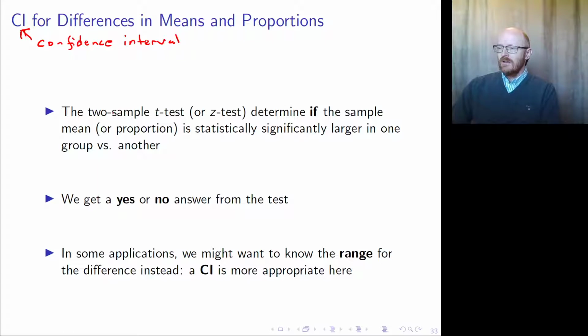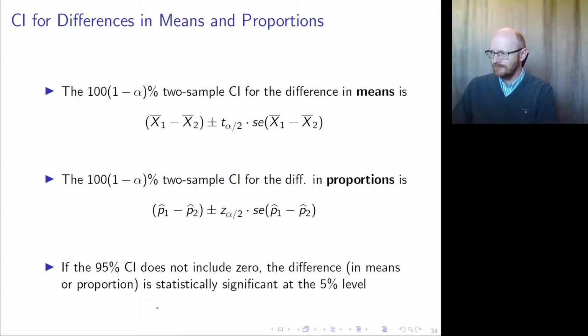Okay, so the two-sample t-test or z-test determine if the sample mean or proportion is statistically significantly larger in one group or the other. And then, of course, we get a yes or no answer, but we might want kind of a range where we can, with a certain probability, say that the population parameter is.